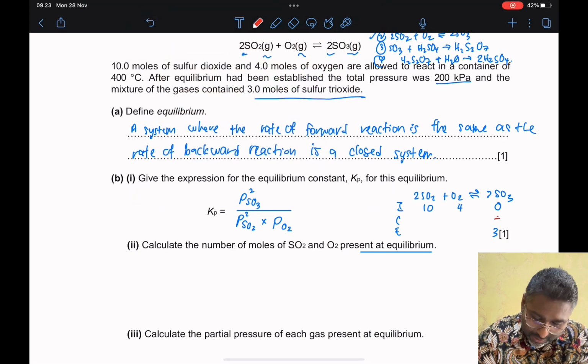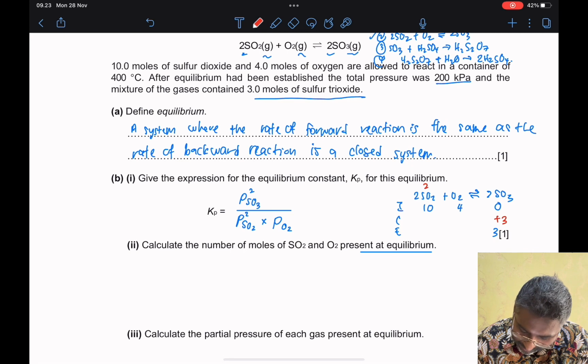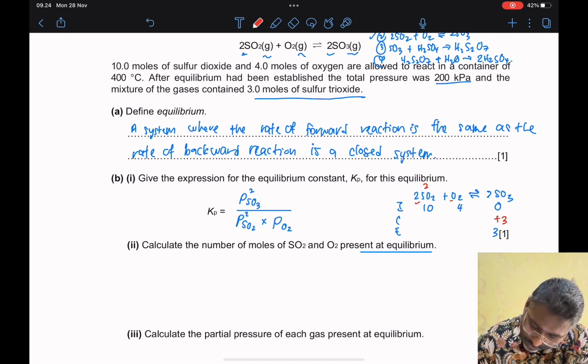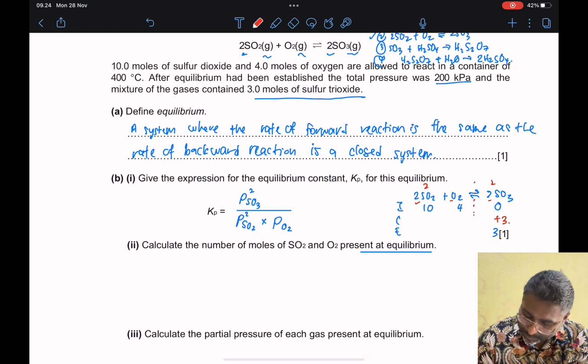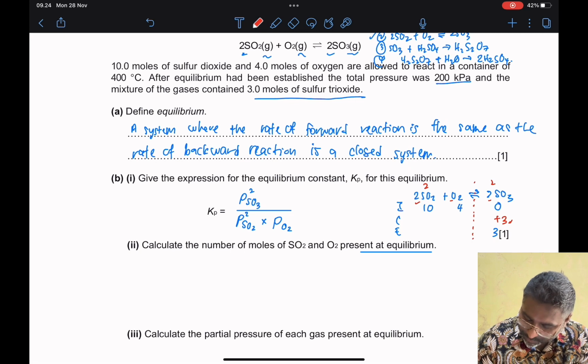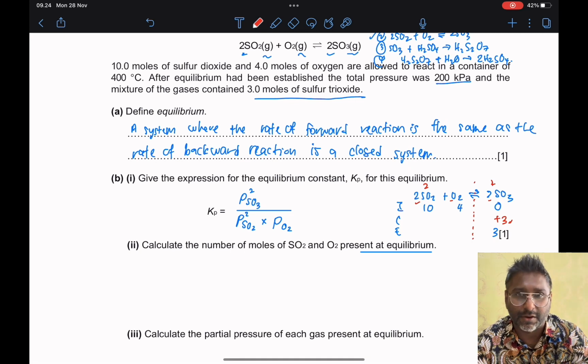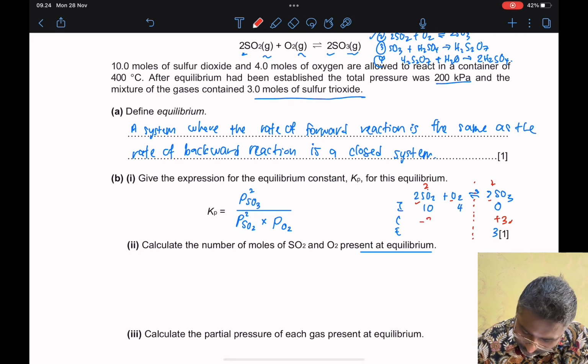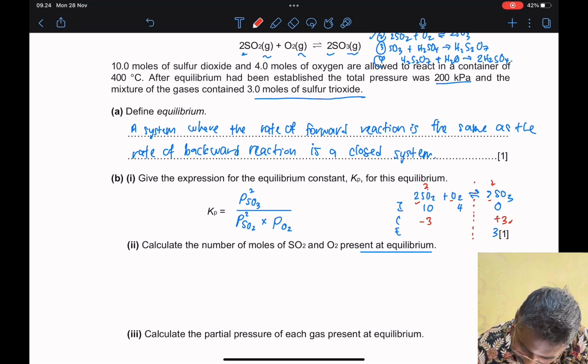What is the change over here? The change is going to be plus 3, and you can see this is 2 mole, this is 1 mole, this is 2 mole. Remember, for product there will be plus, for reactant there will be minus, because they are going to react. So 2 moles to 2 moles, same ratio, so minus 3.